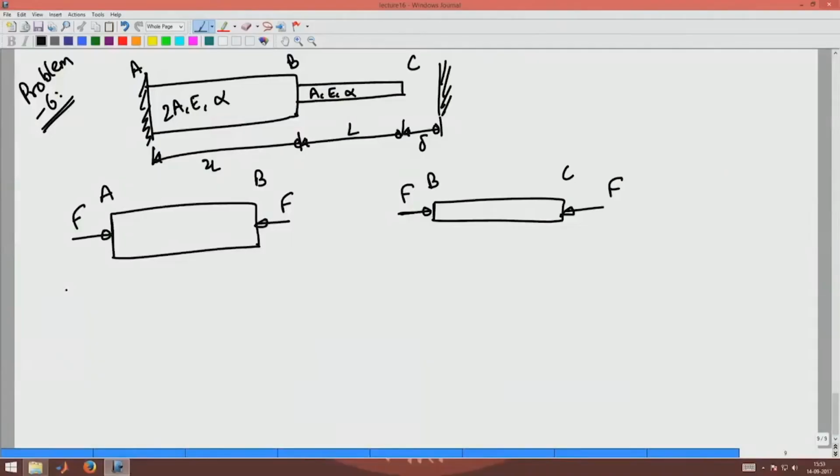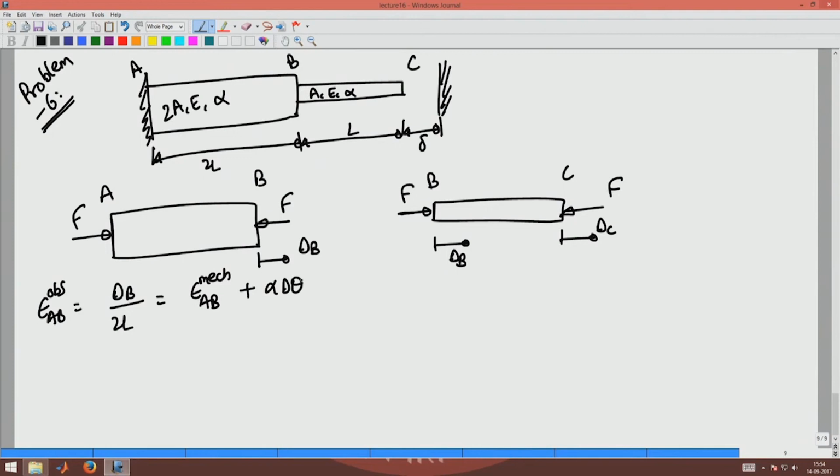Okay. So, now again I write the same equations. I assume this moves by delta B, this moves by delta B, and this moves by delta C. Same things I write as before: the observed strain in member AB is delta B by 2L, which will be equal to the mechanical strain in AB plus alpha delta theta.